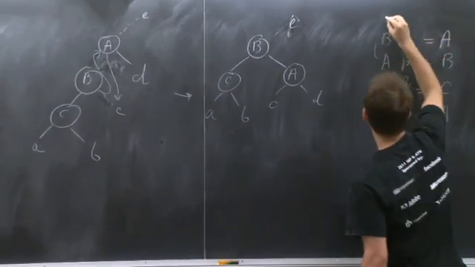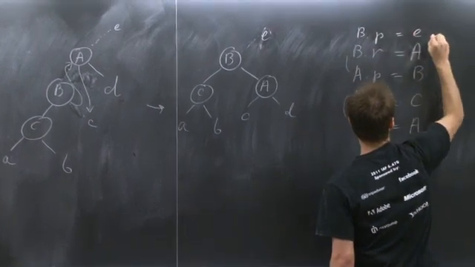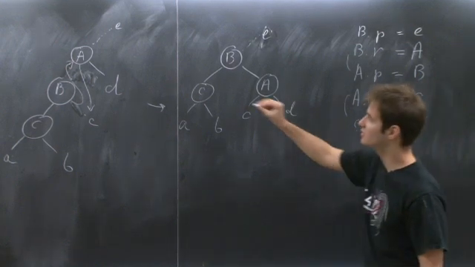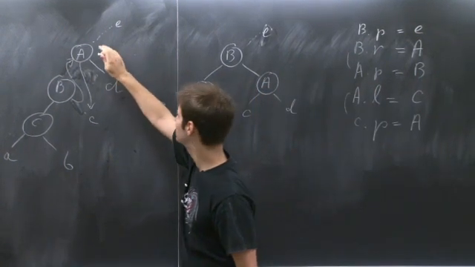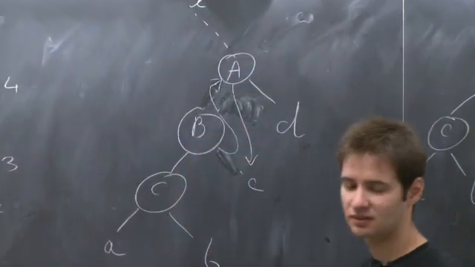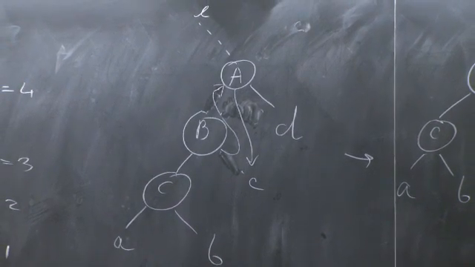Yeah. Okay. So B's parent is E, and E's left child is B, because I drew it like this, right? But if I drew it like this, it would have to be the right child. So we have to look at both cases.